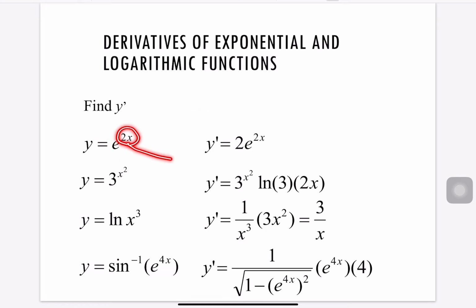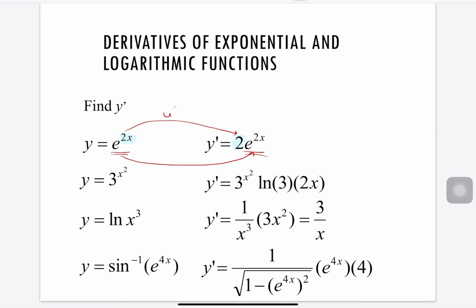Multiply u prime is this one. Then I can say it is a u prime, the derivative of u, and then I have to write all the same here.